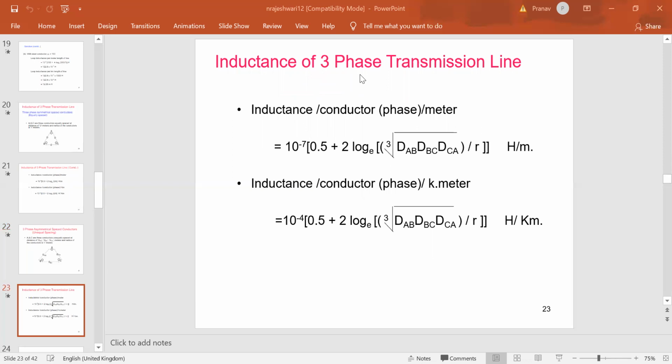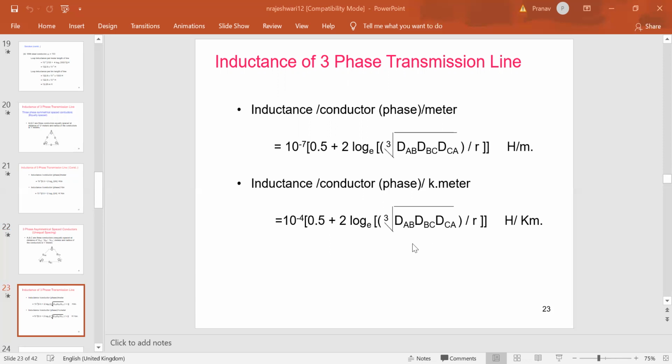So with these unequally spaced conductors, the inductance per conductor per meter will be given by 10^-7 × (0.5 + 2 log(cube root of (DAB · DBC · DCA) / r)), where r is the radius, in Henry per meter. And the inductance per conductor per kilometer will be given by 10^-4 × (0.5 + 2 log(cube root of (DAB · DBC · DCA) / r)) Henry per kilometer.